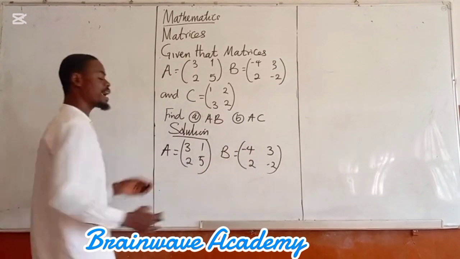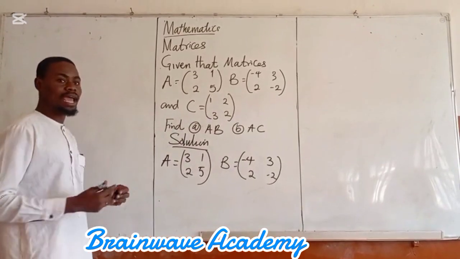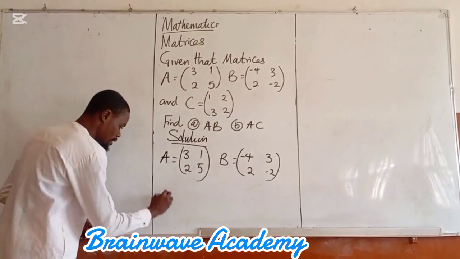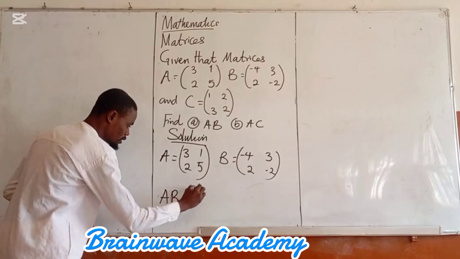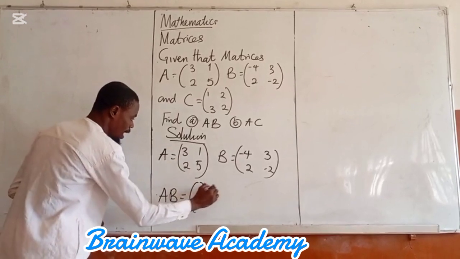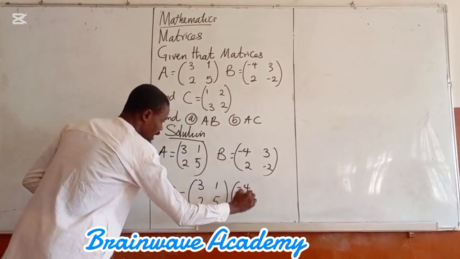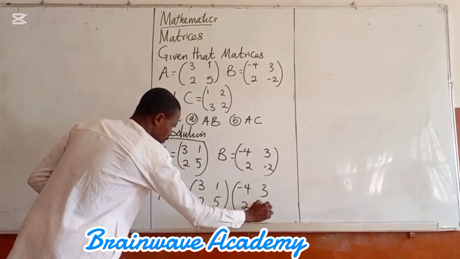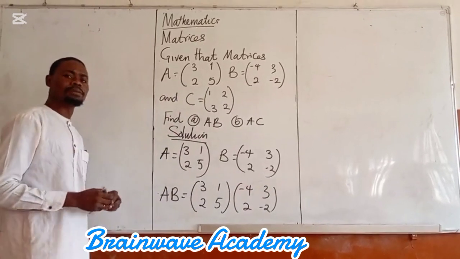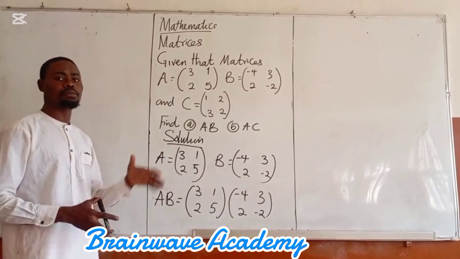If you are asked to find AB, it means you have to multiply A by B. So AB is A, [3, 1; 2, 5], times B, [-4, 3; 2, -2].